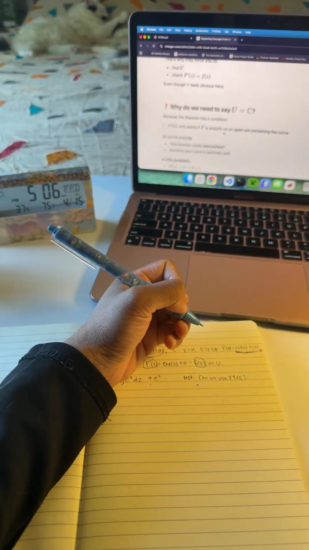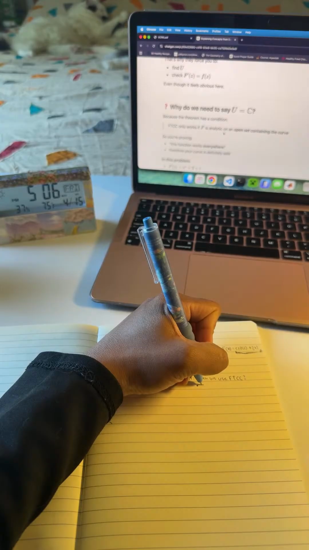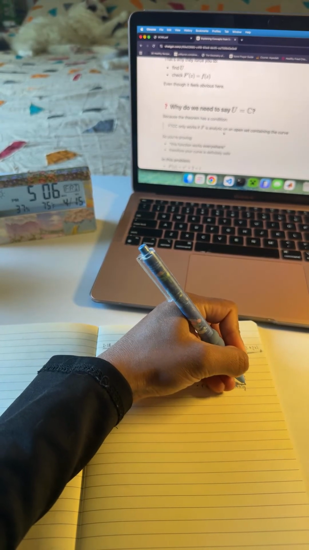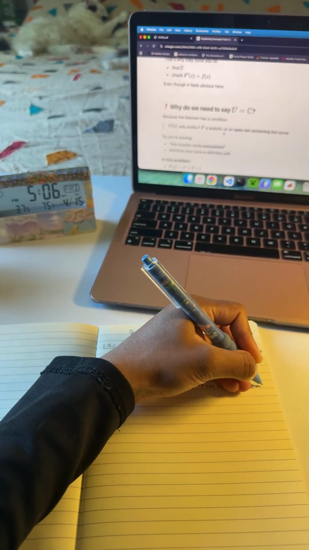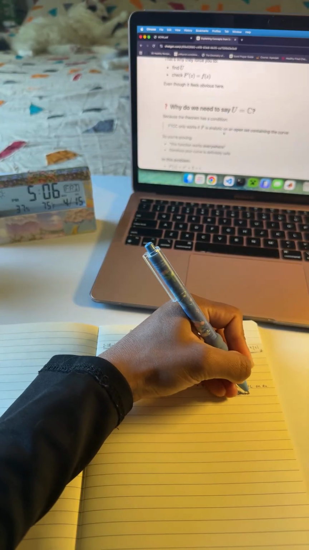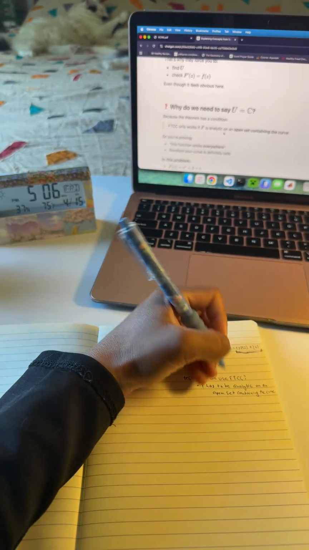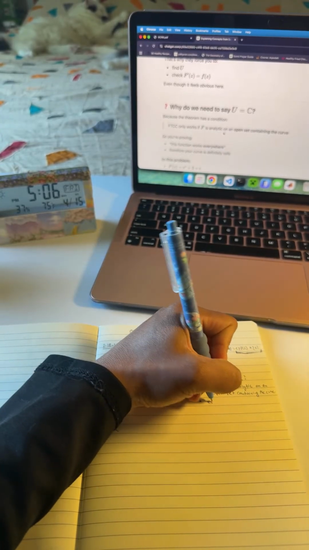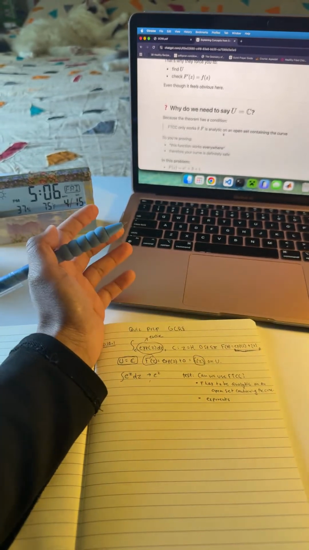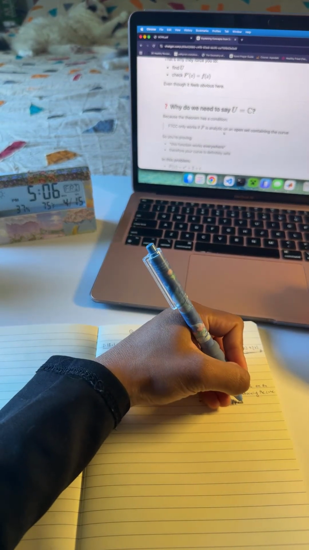And we need to see if f is analytic on an open set containing the curve. So this includes things like exponents, because exponents are analytic everywhere. Another thing is polynomials.